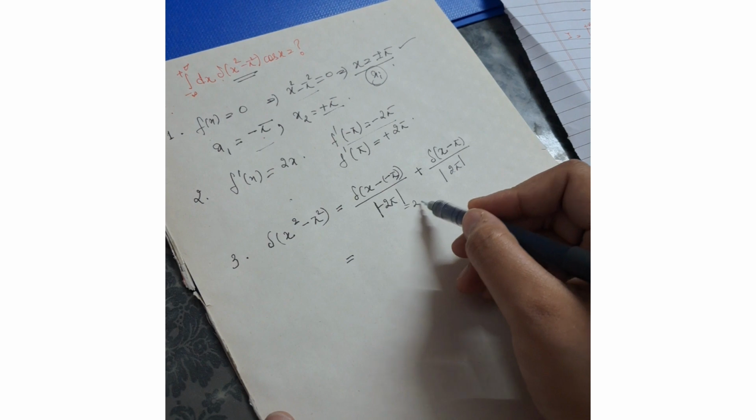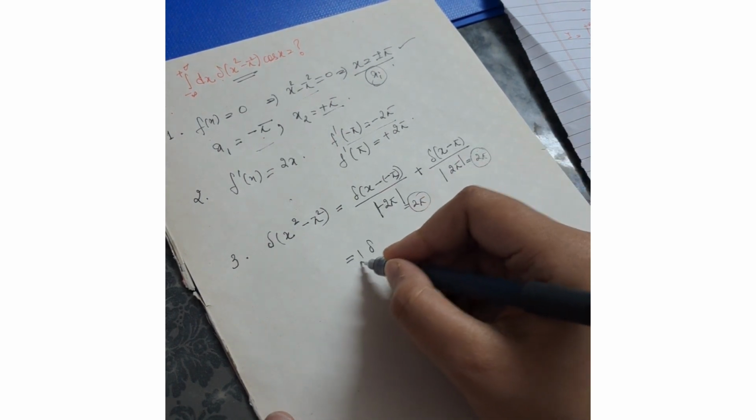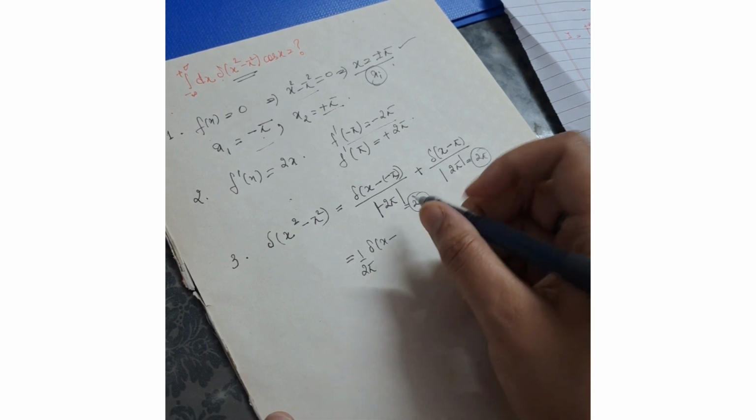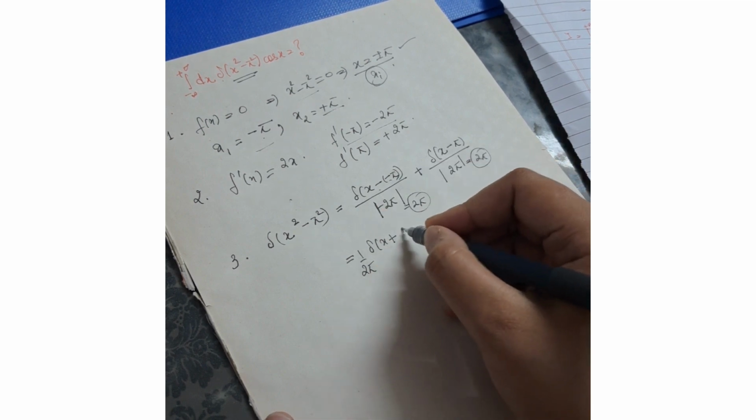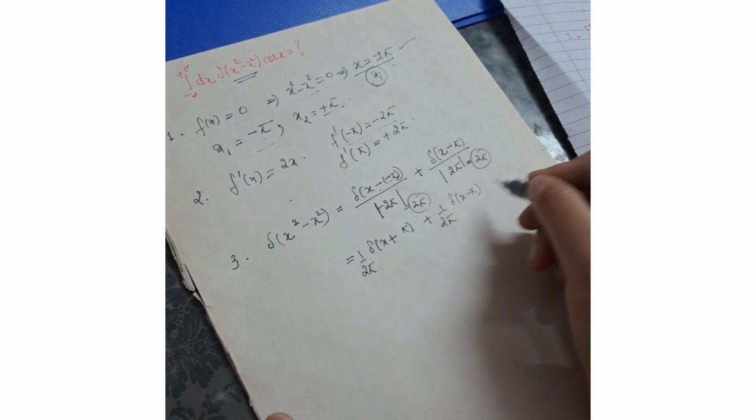So this will give us the result 2 pi. So we can write it as 1 upon 2 pi delta(x minus minus, becomes plus pi) plus 1 upon 2 pi delta(x minus pi).